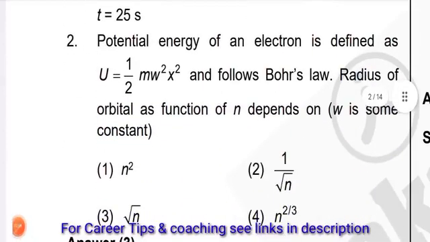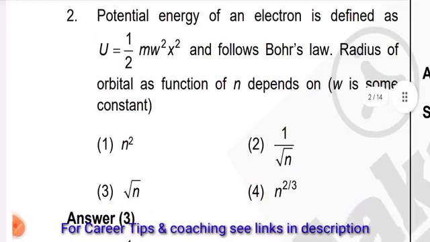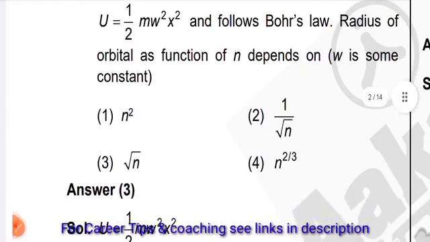And the next question, if you see, the potential energy of an electron is defined as U is half m omega square x square and follows the Bohr's law, and the radius of orbital as a function of n depends on, where you have n square, or root of n, or n power 2 by 3, or 1 upon root of n.